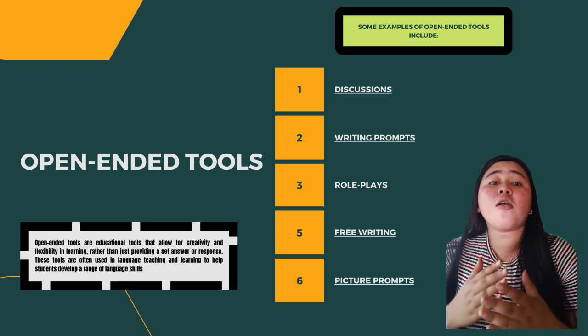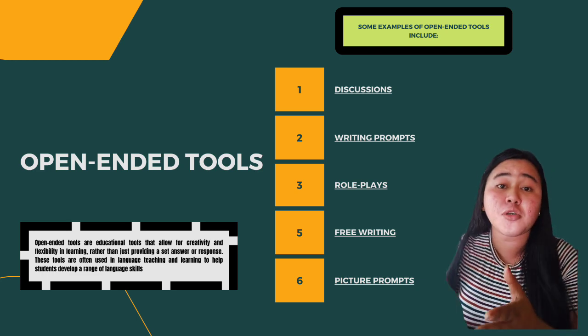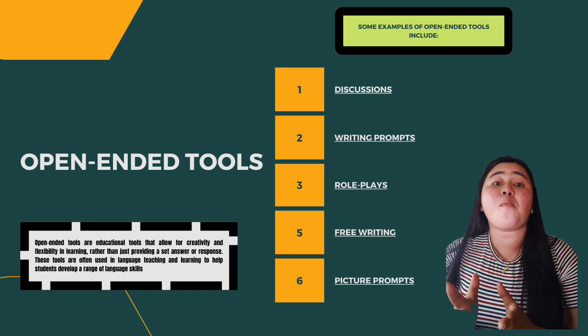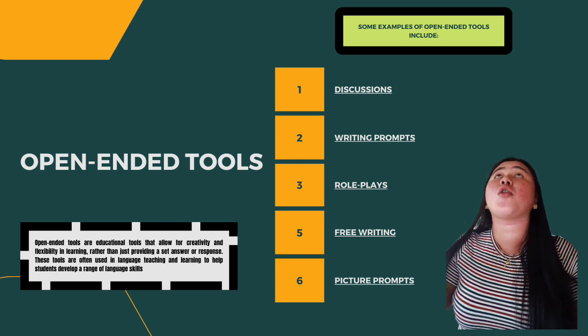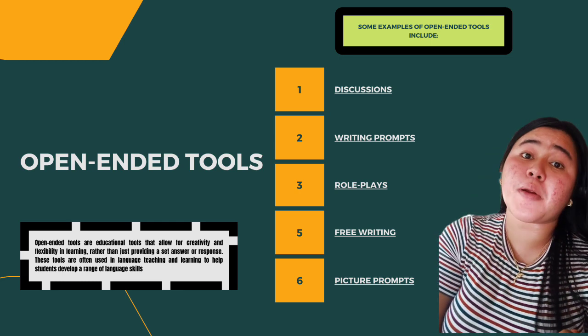This is an open-ended activity where learners act out different scenarios using the language they are learning. Role-playing can be used to practice speaking and listening skills, as well as to develop cultural understanding and empathy. Next is free writing.